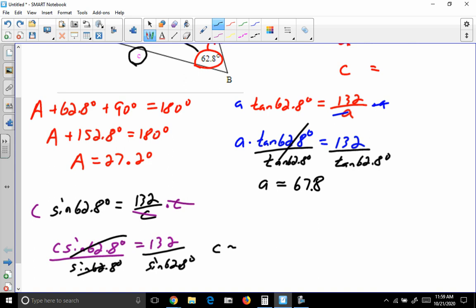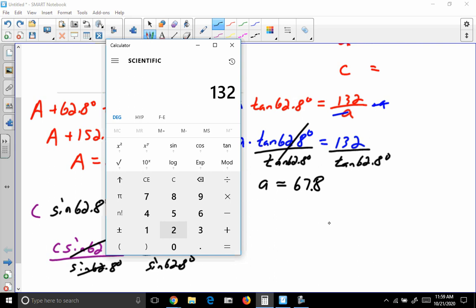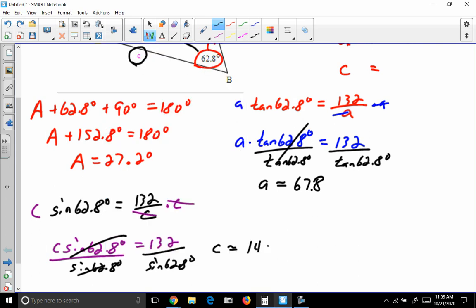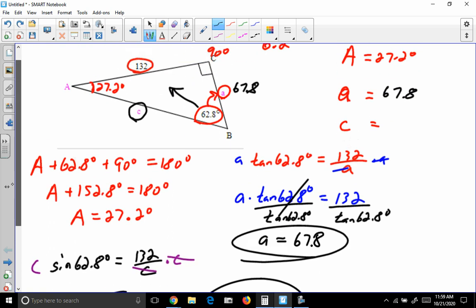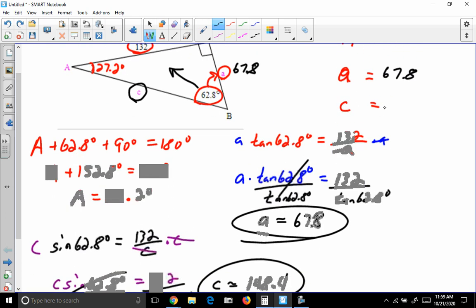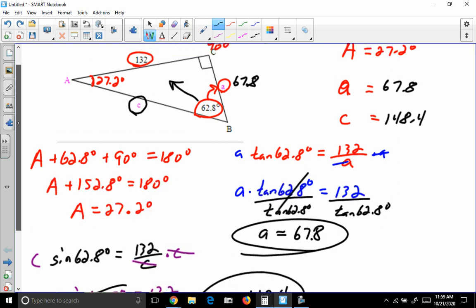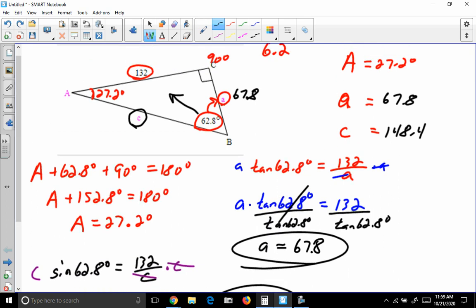So C, we got 132 divided by sine of 62.8, so about 148.4. So that gives us A, C, and angle A. Notice that angle C was the largest angle. It's 90 degrees, so side C has to be the largest side.